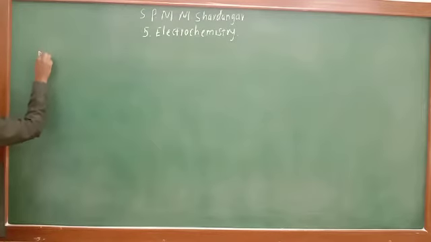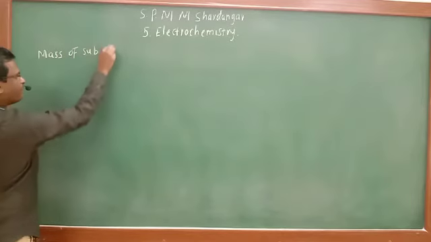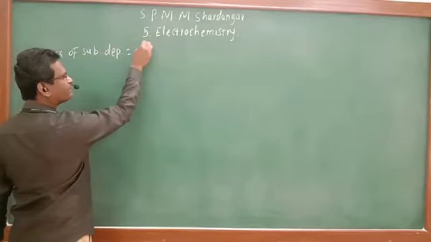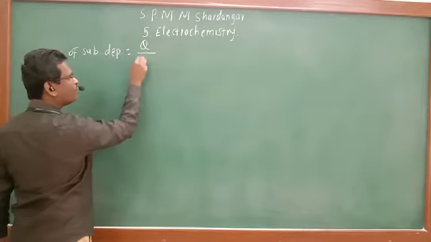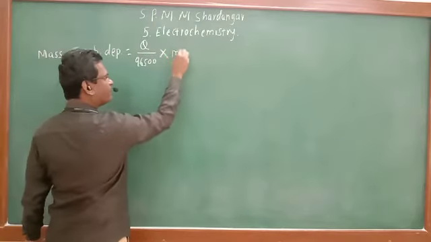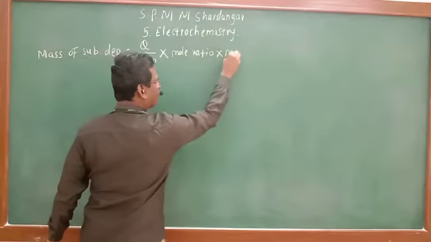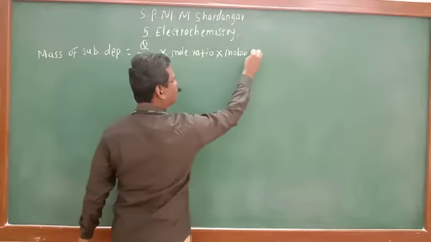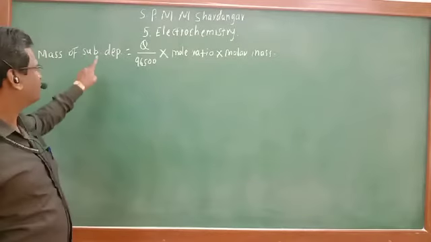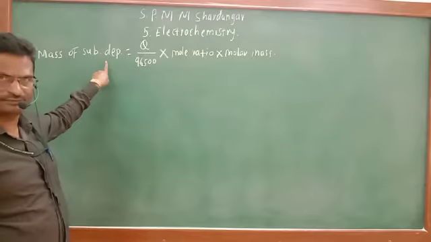We have seen that the mass of substance deposited will be equal to Q divided by 96,500 multiplied by mole ratio multiplied by molar mass. So this is the final format of that equation we have studied.